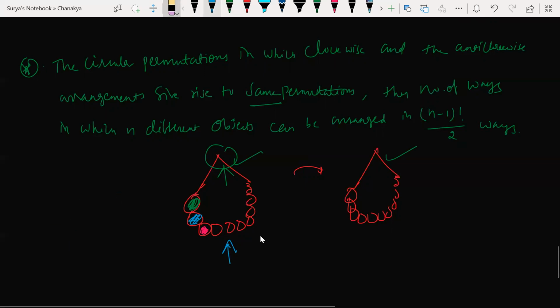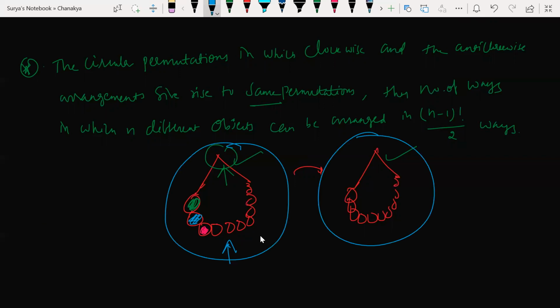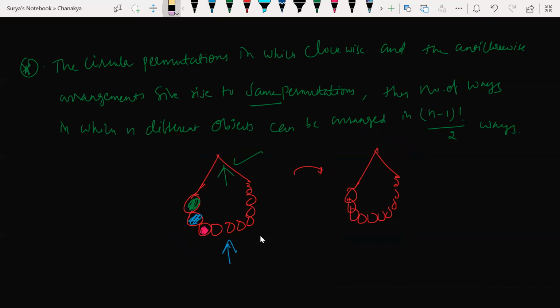Let's say you do an experiment and get 4 same results, you divide by the same number of times. Even if you wear it the normal way, or upside down, tilt it and wear it again, you get the same result. That is the reason for (n minus 1) factorial by 2 ways.